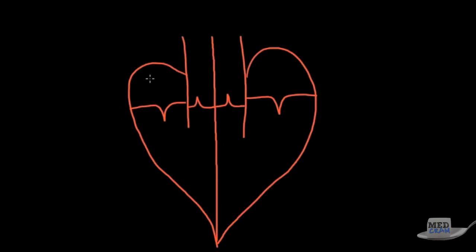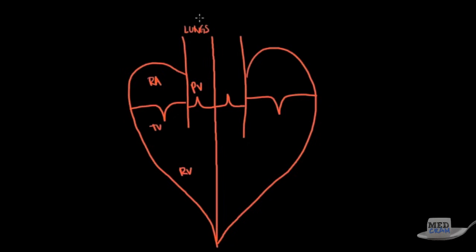So we know we've got the right atrium, which then sends blood through the tricuspid valve into the right ventricle, and then that goes out through the pulmonic valve to the lungs.